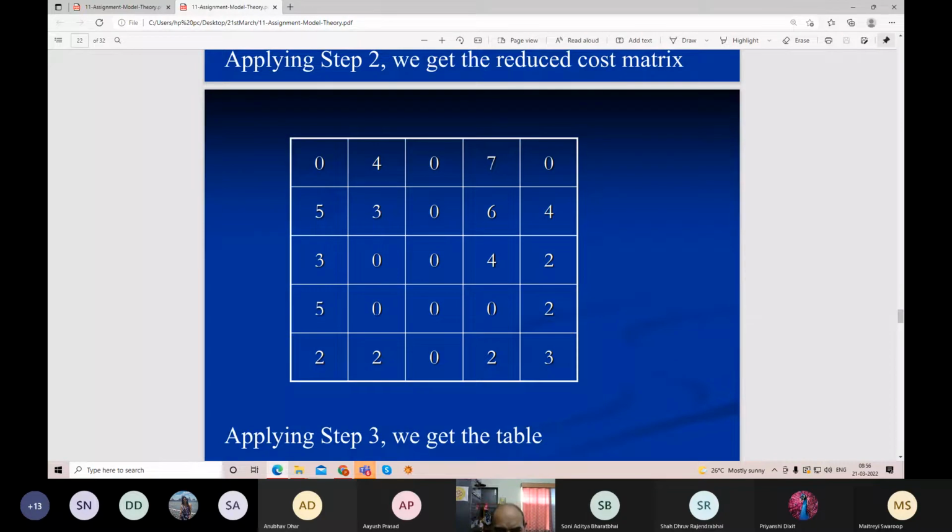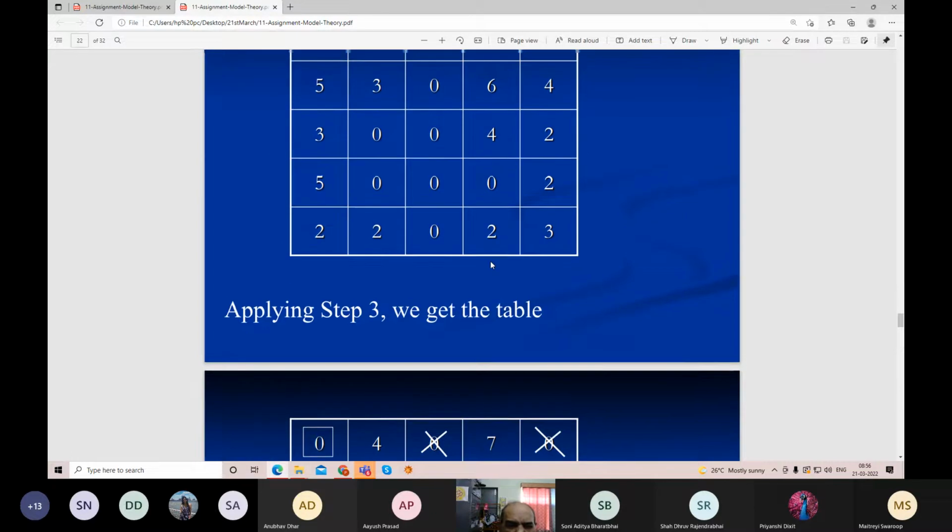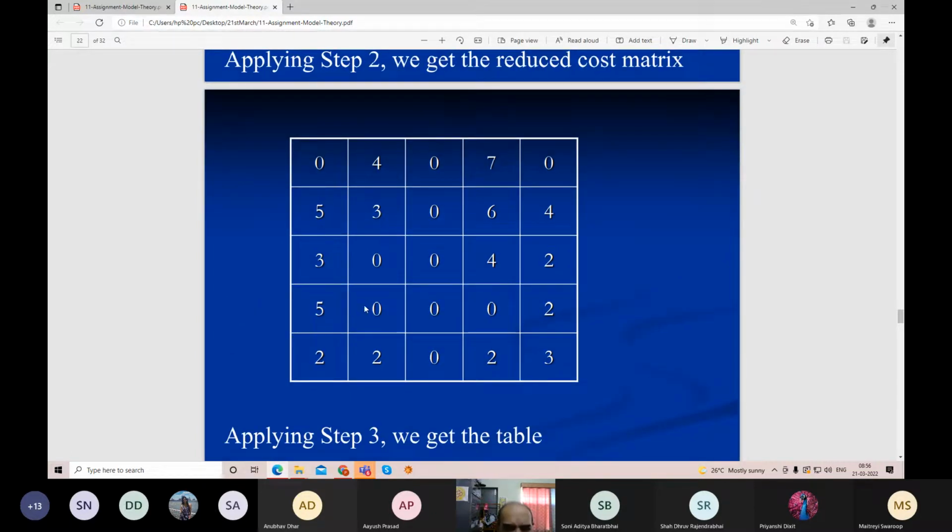This reduced matrix, we try to assign in this manner. So we check what is happening. In the first row, there are 3 0s. It is not possible. Second row, there is only 1 0. This is possible. We assign to this and we cross out all the 0s in the same column. Then we come to the third row.